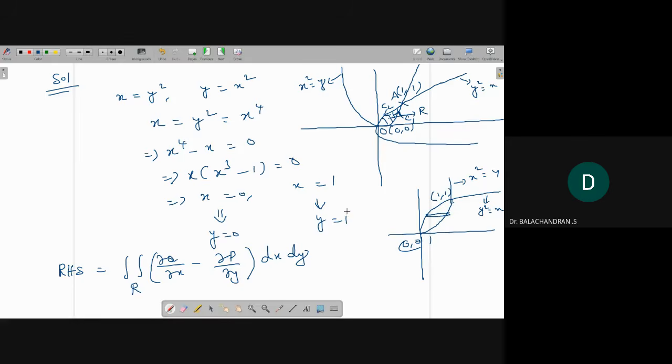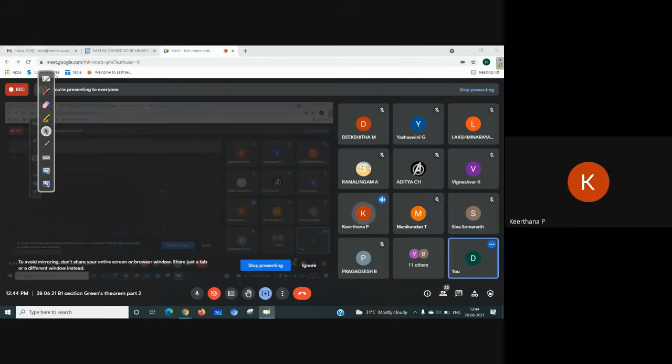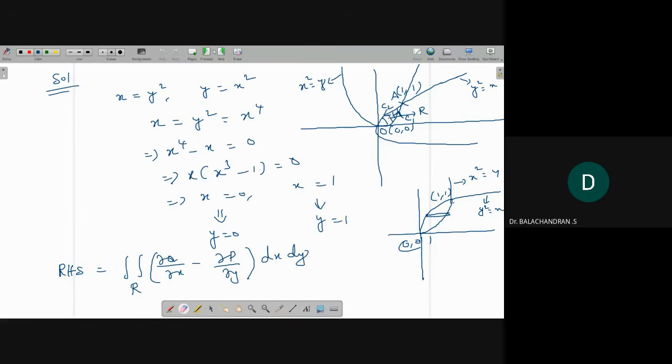If you have any doubts, you can ask me. Again, I will explain. This is the crucial step here. Once you find the limits, everything is easy. Sir, can you explain the y limits? Okay, did you get how to find the x?